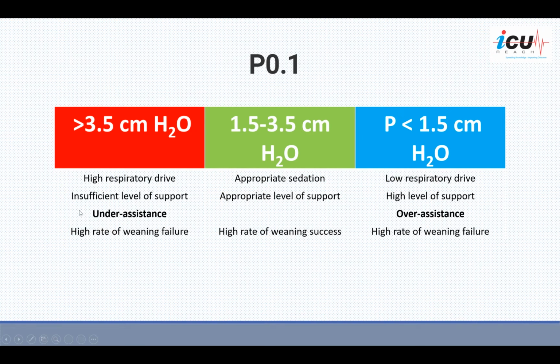We will be talking more about under assistance and over assistance in the next ventilator round, as we're going to be talking about lung and diaphragm protective ventilation. And these are the two mechanisms responsible for the myotrauma of the diaphragm and other inspiratory muscles.